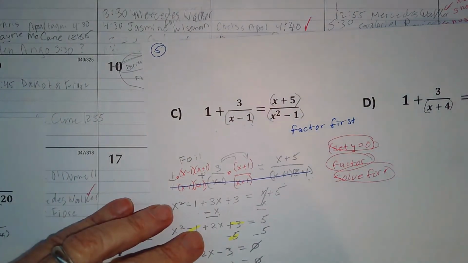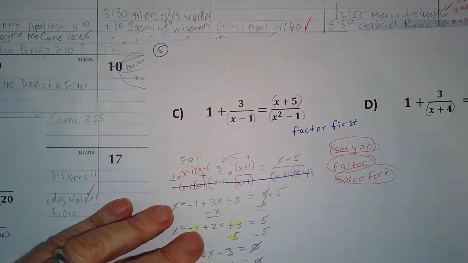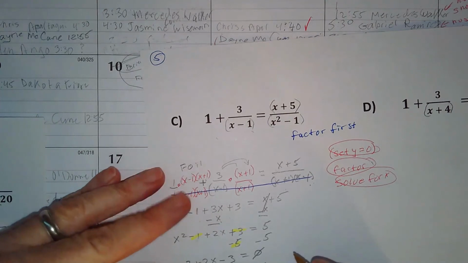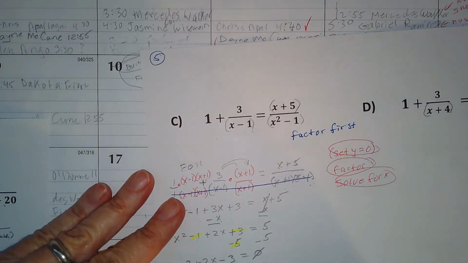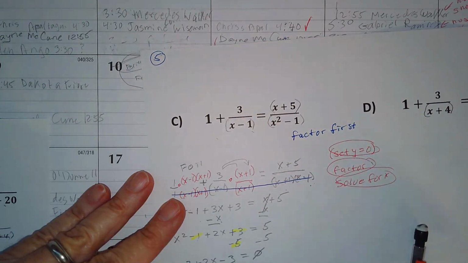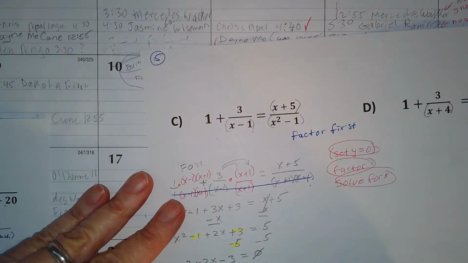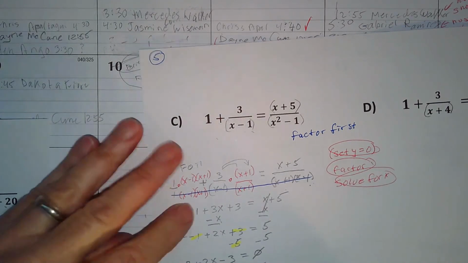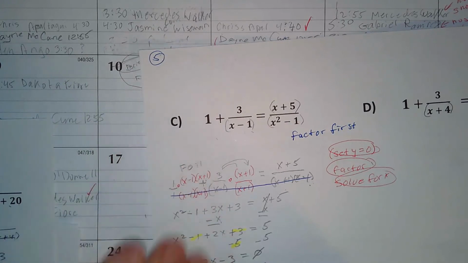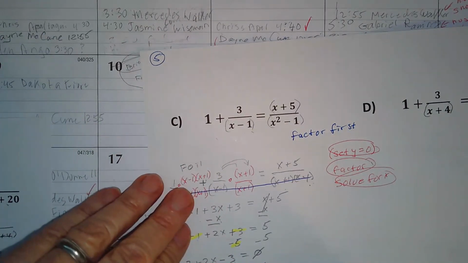Let's do x equals 1. So if x equals 1, I'm going to have 1 plus 3 over 1 minus 1. Let's try this again. 1 plus 3 over 1 minus 1. So what's going on there?